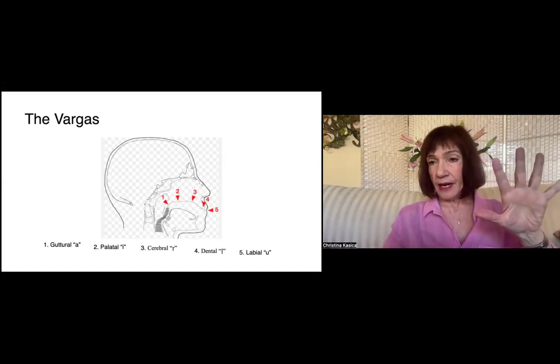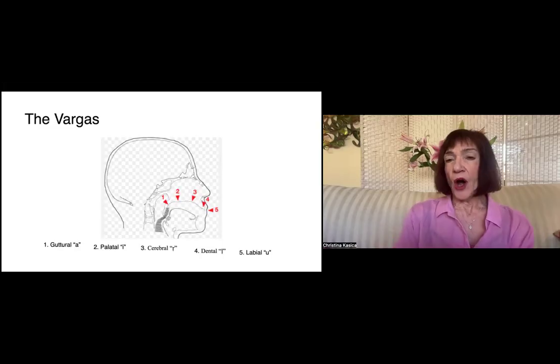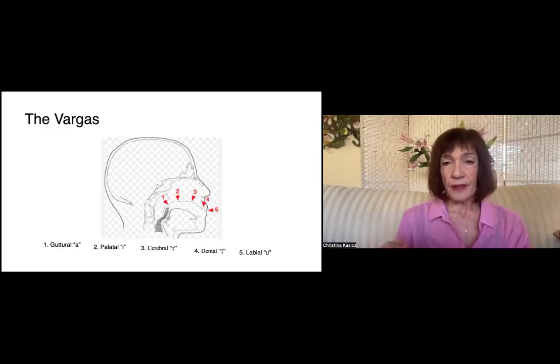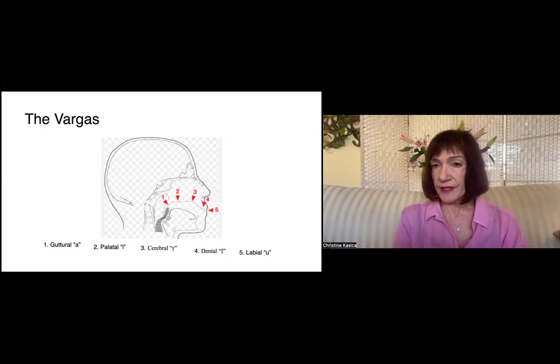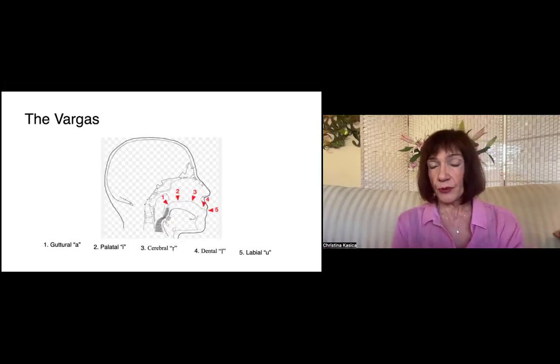And in the alphabet, there are 5 vargas, and they all have to do with the position of your tongue inside your mouth. So we're going to briefly go over these using the vowels as examples, although all the consonants have vargas too.